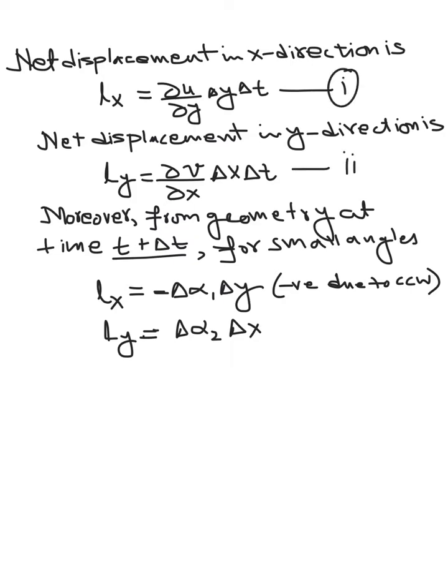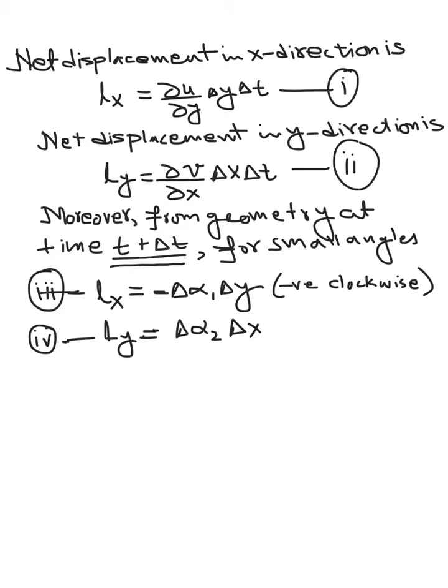In addition, I can also determine the Lx and Ly from the geometry of deformation at time t plus dt. If you look back at the figure, using the definition of arc length, which is radius multiplied by the included angle, I can easily write Lx equal to this, let's call it number 3, and Ly equal to this, number 4.